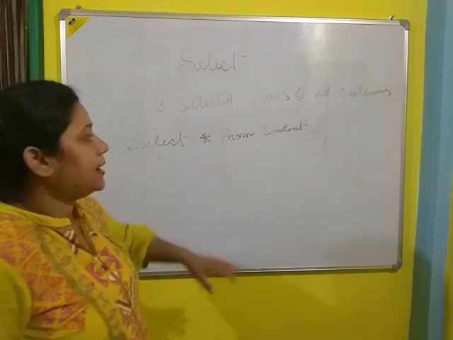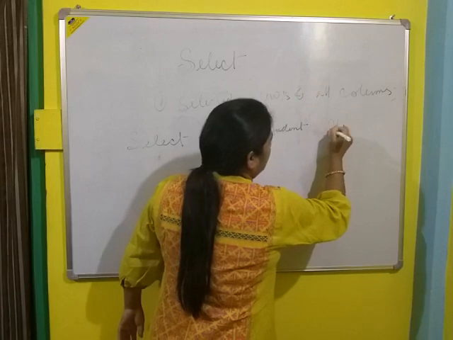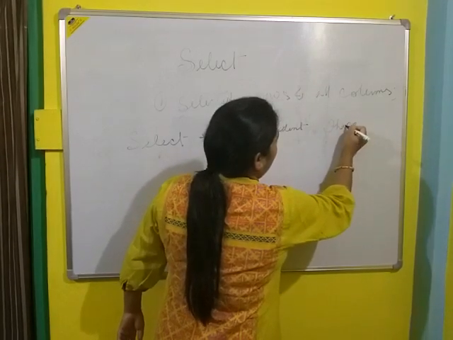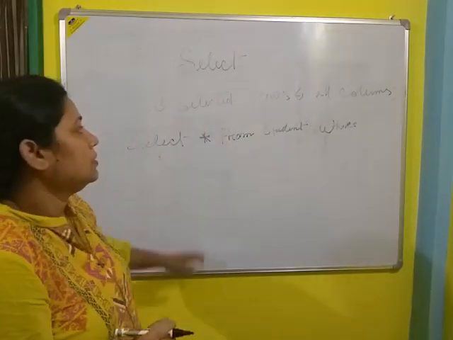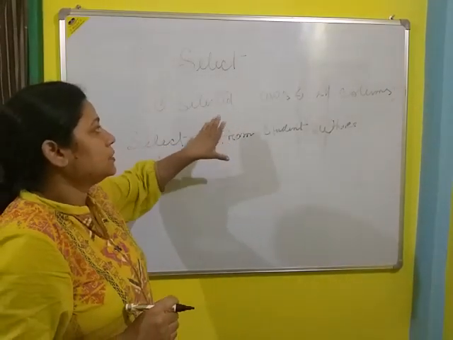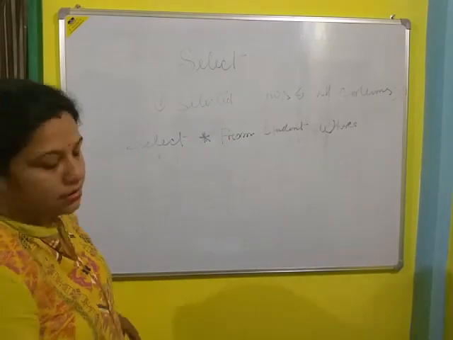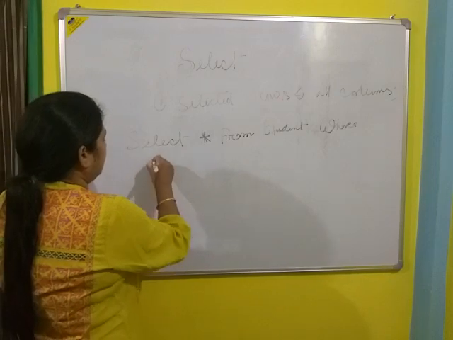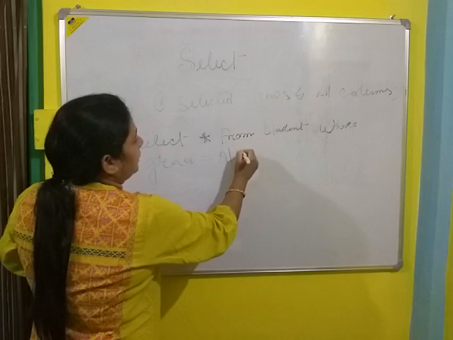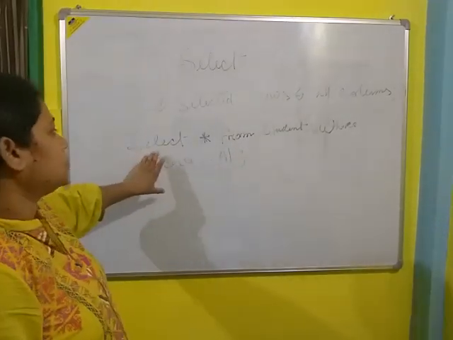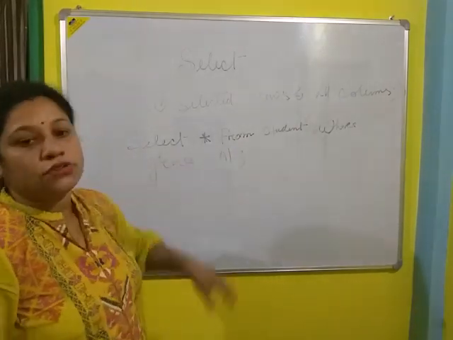For that here I am going to use the where clause, and this will help to select specific rows from the table. So where grade is equal to A1. Now look, select all from student where grade is equal to A1.